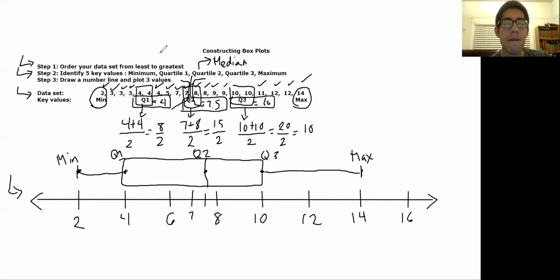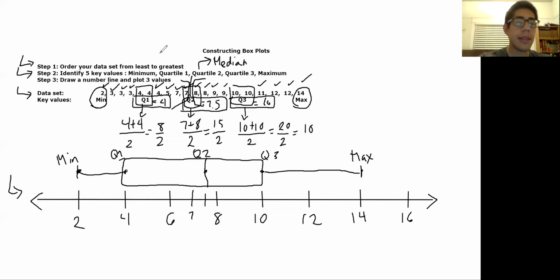If I just give you a finished graph like this and I ask you what are my key values, you should be able to know where the minimum, maximum, quartile 1, 2, and 3 is by just looking at the graph. So you should be able to do this forwards and you should be able to do this backwards. They're easy points on a quiz if you can remember how to do these things, okay?